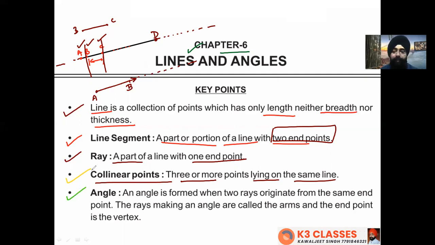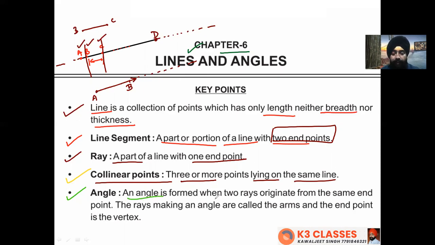Now that we understand the line properly: when two or more lines intersect, they form an angle between them, and that angle can be of different measurements in terms of degrees, which we will study. So let's start.